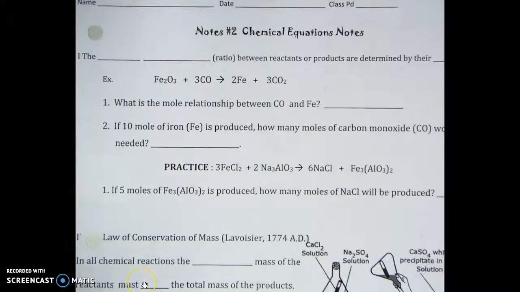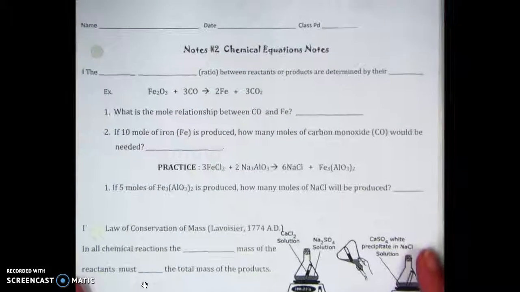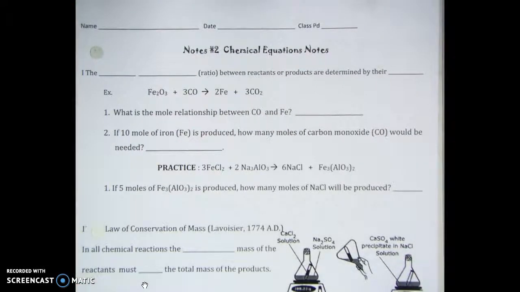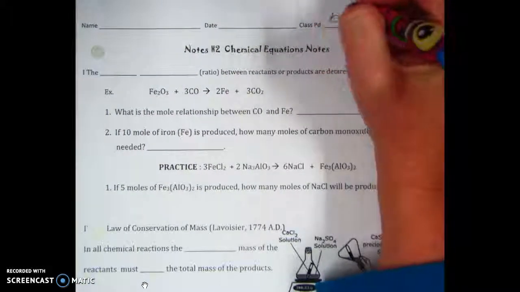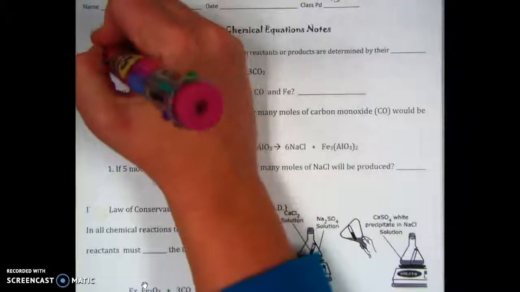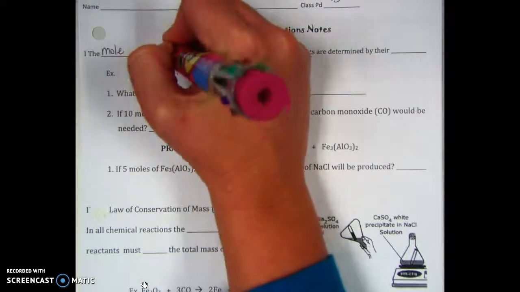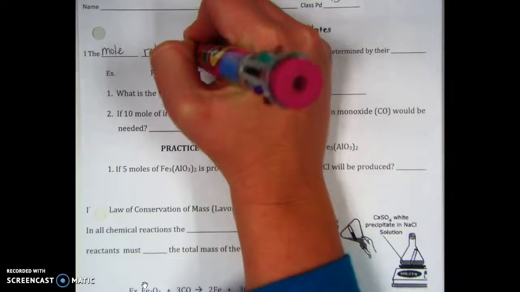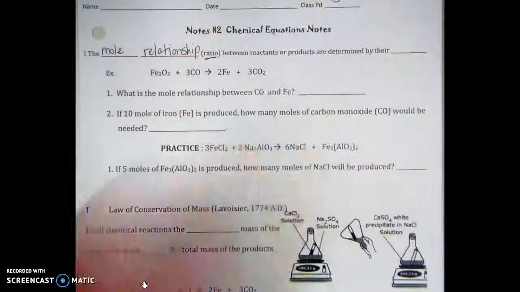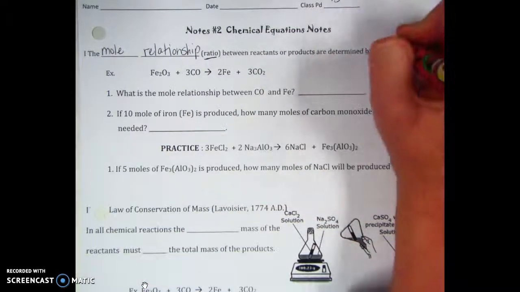You were introduced to this when we learned atomic structure. Remember Lavoisier? Okay, so the mole relationship, which is our ratio between reactants or products, is determined by their coefficient.